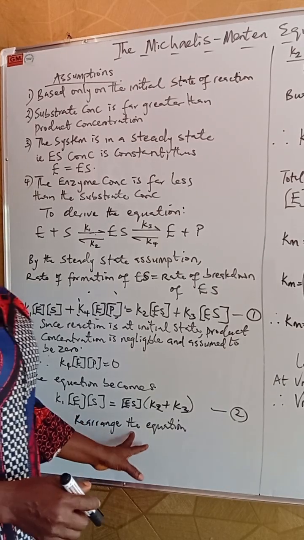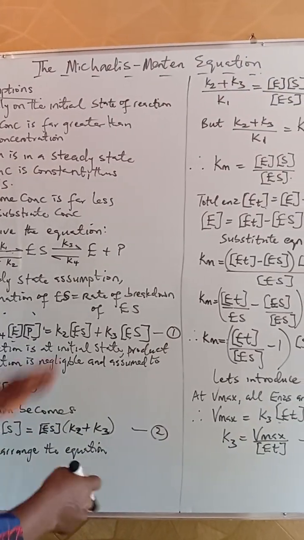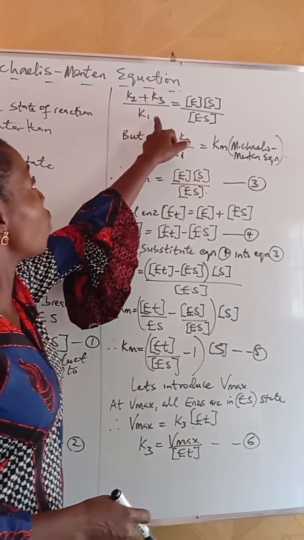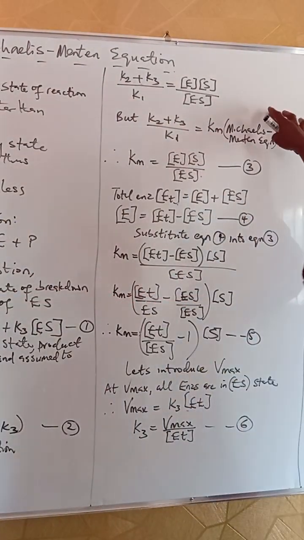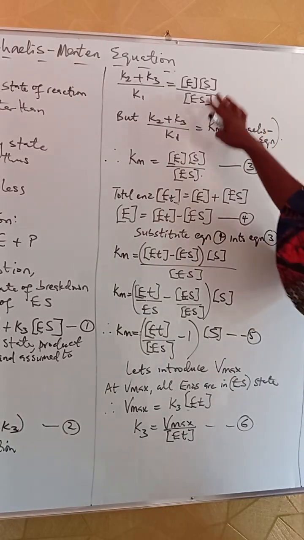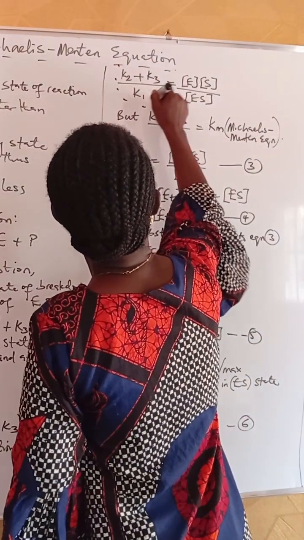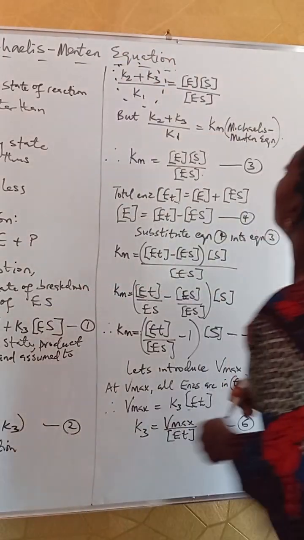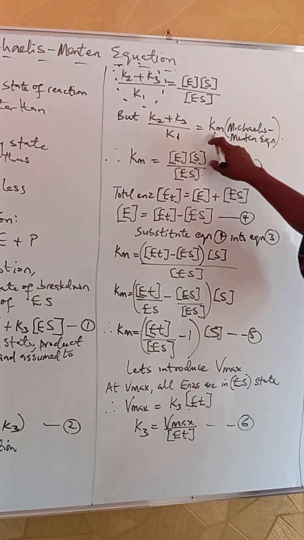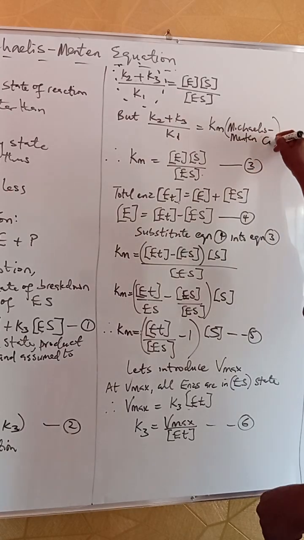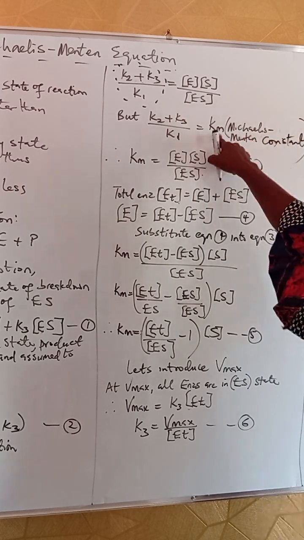If we rearrange this to have the constant on one side, we're going to have K2 plus K3 over K1. If we rearrange equation 2, we're going to arrive here. K2 plus K3 over K1 is equal to this. And this is what we call the Michaelis-Menten constant, Km.